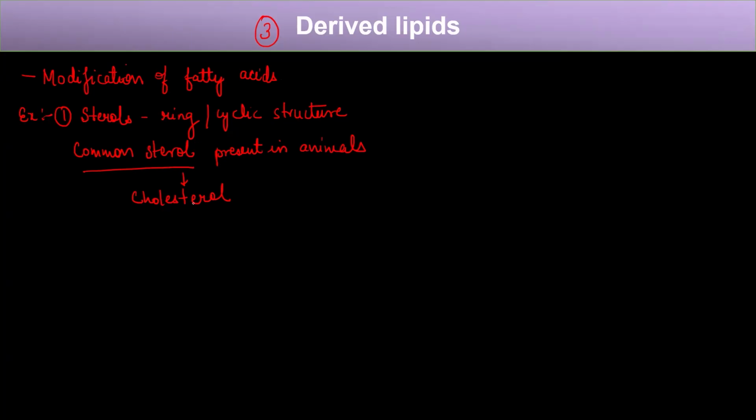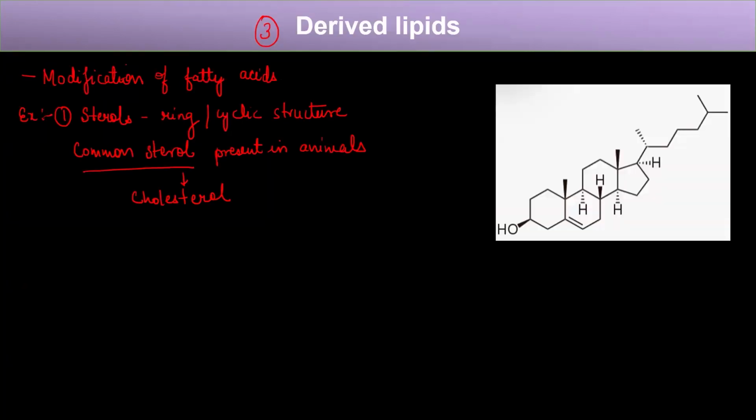Now, this cholesterol is not always bad. If we talk about the structure of cholesterol, this is how it looks. Cholesterol does not always have a bad role, but it has various important roles.